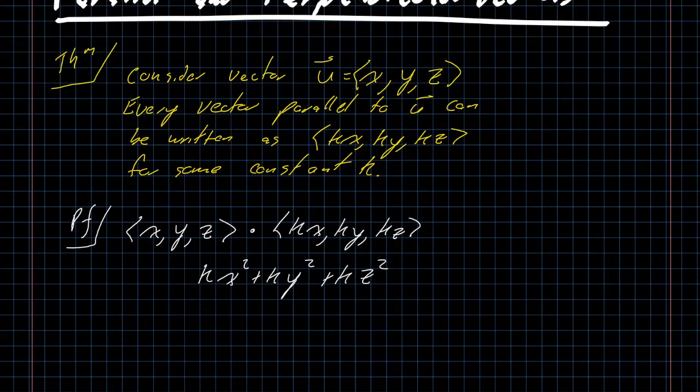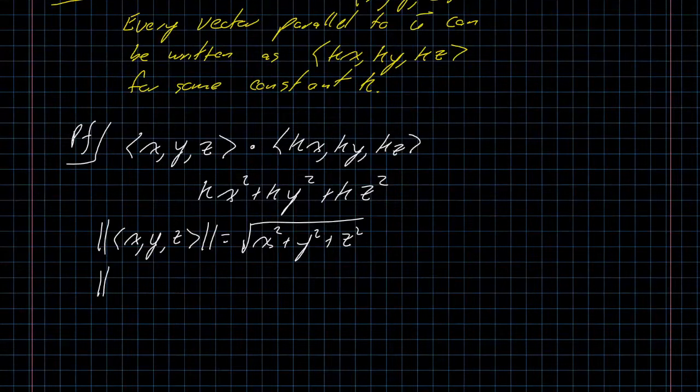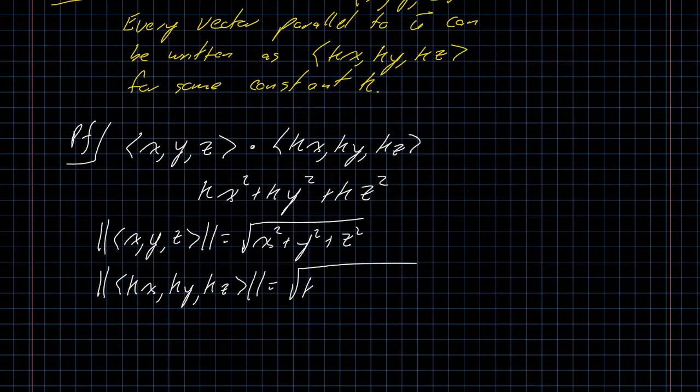Then let's find the magnitude of x, y, z as the square root of x squared plus y squared plus z squared. And let's find the magnitude of kx, ky, kz as the square root of k squared x squared plus k squared y squared plus k squared z squared.